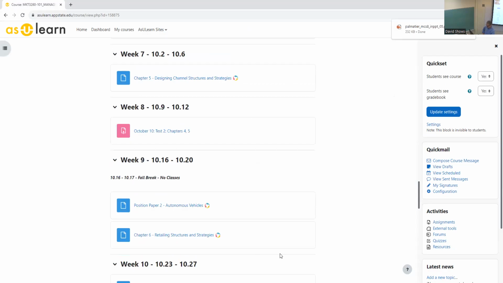So this chapter is chapter 5. This chapter entails the other 3 major questions that need to be answered when we are designing channel structures and strategies.